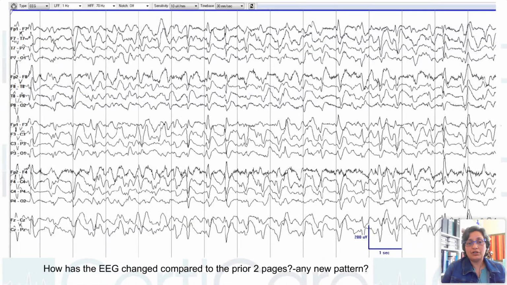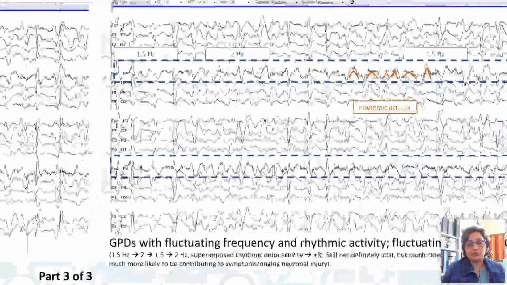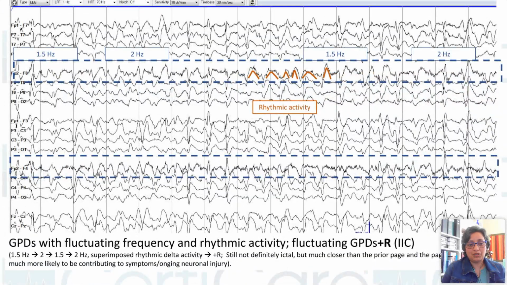And here we have continuous discharges, 2.5 hertz, with rhythmic activity, with fluctuating GPDs plus R. So we have rhythmic activity happening. And I think they're a little shy of saying that there are faster rhythms here too, but again, it is a subjective thing. So these are GPDs plus R at 1.5. So before we had 1 to 1.5 hertz of frequency. Now the frequency has increased to 1.5 to 2 hertz.